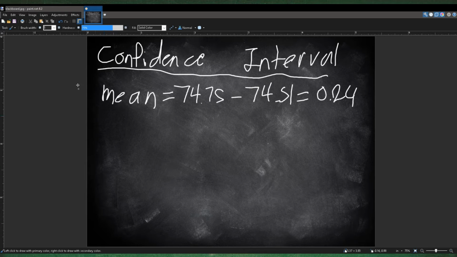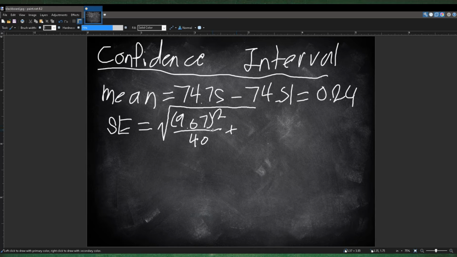And then we have a standard error, which is equal to basically what we had. So remember, our first standard deviation for sample 1 was 9.67, and our sample size for 1 is 40. Plus our standard deviation of 2, which is 14.88 squared, divided by its second sample size, which is 45.